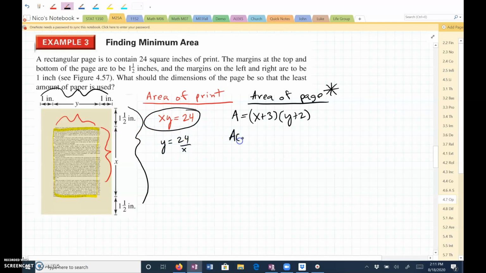So A of x equals x plus 3 times 24 over x plus 2. And now I'm going to multiply here.